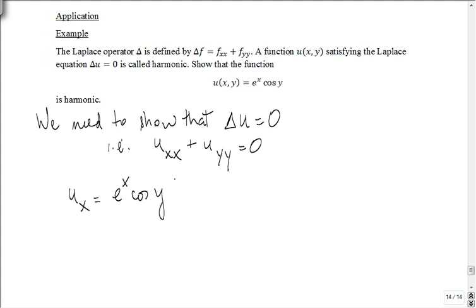Very good, that's all. And again, partially differentiated with respect to x, we get the same thing. Okay, so that's uxx. Now, give me the partial of u with respect to y, anybody? E to the x times negative sine y, so that's minus e to the x times sine y. Good.